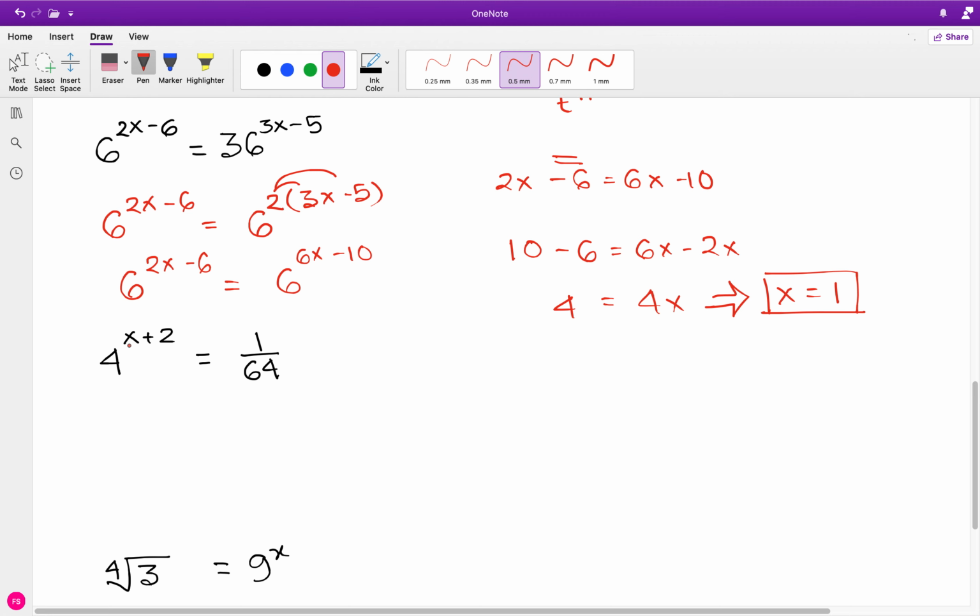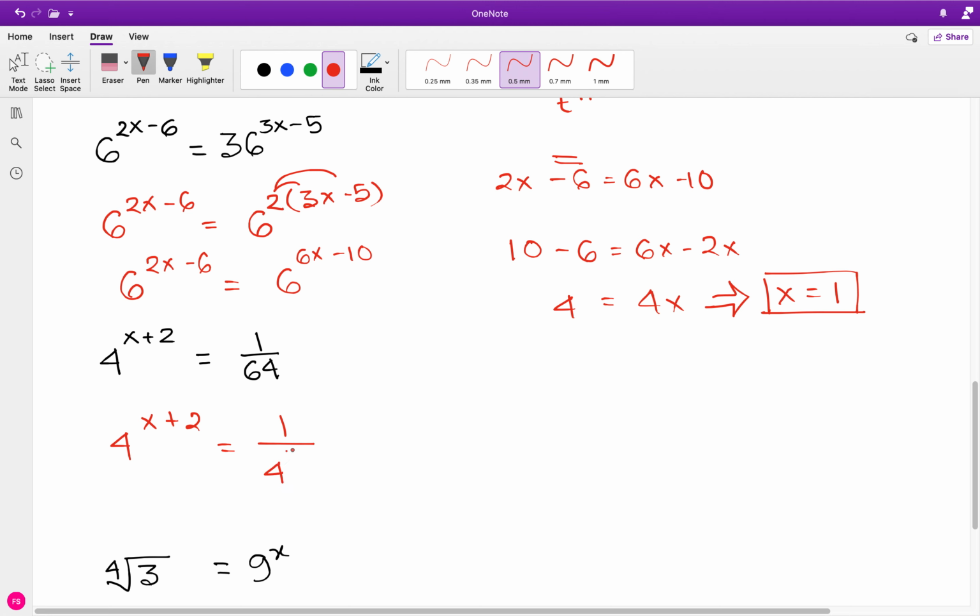Next question, 4 to the power of x plus 2. No need to simplify this side because you can actually convert 64 and write it in terms of 4. Let's do that. 4 to the power of x plus 2 equals 1 over... We know that 4 to the power of 2 is 16, so we can't use that, but 4 to the power of 3 is 64.